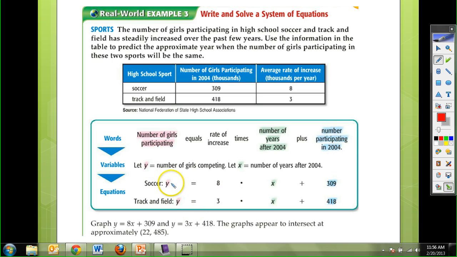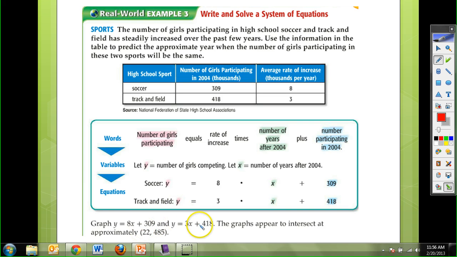So you have y equals, the rate is 8 from here, times x plus 309 for soccer. The track and field, the rate is 3, so y equals 3x plus 418.